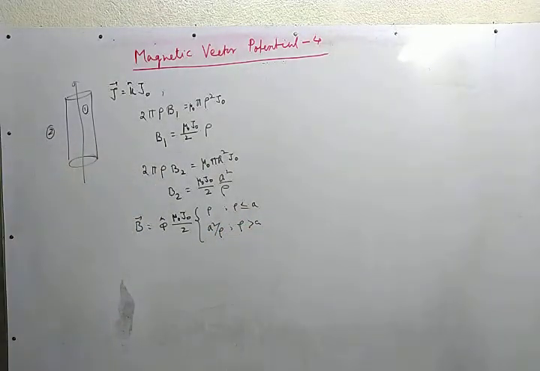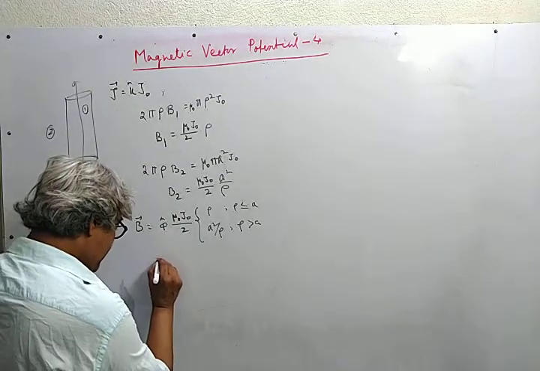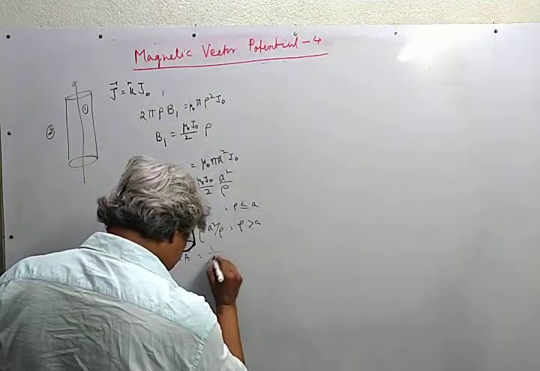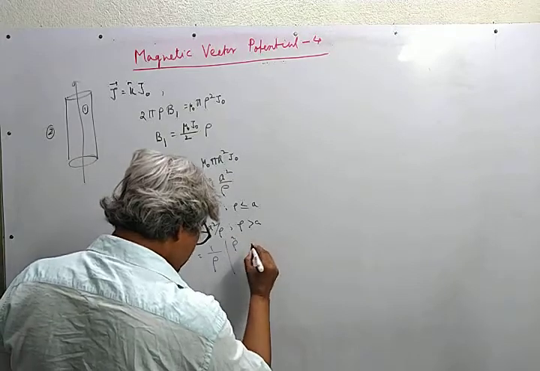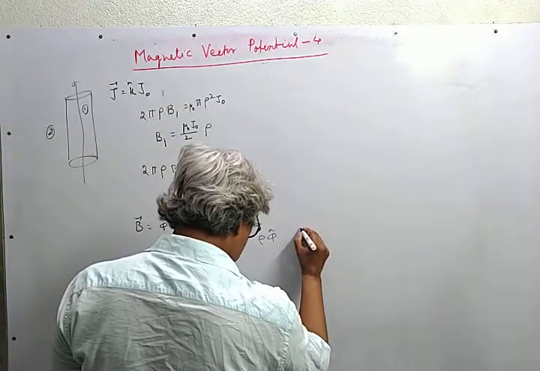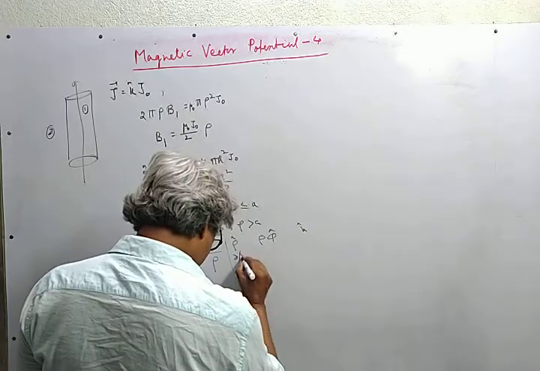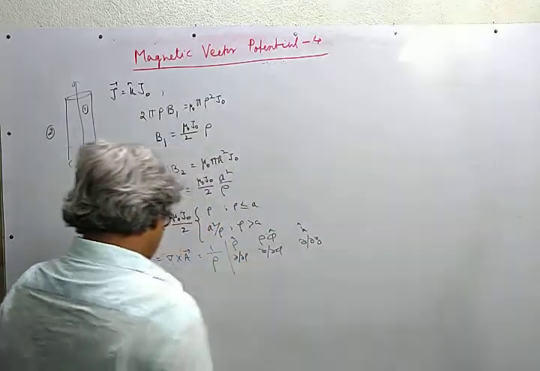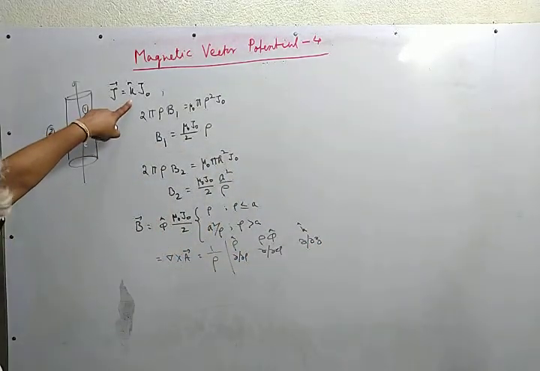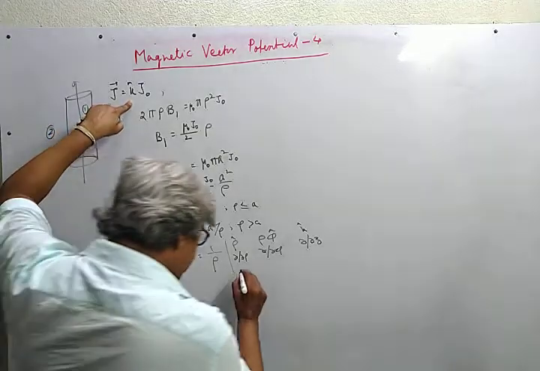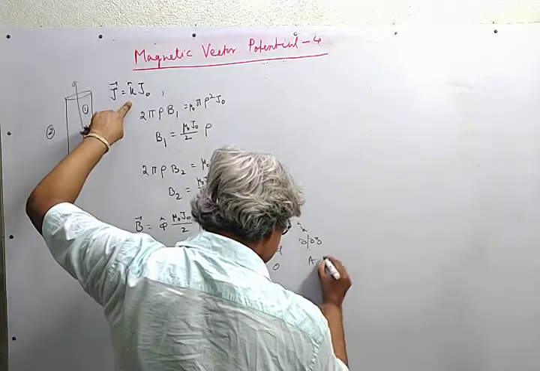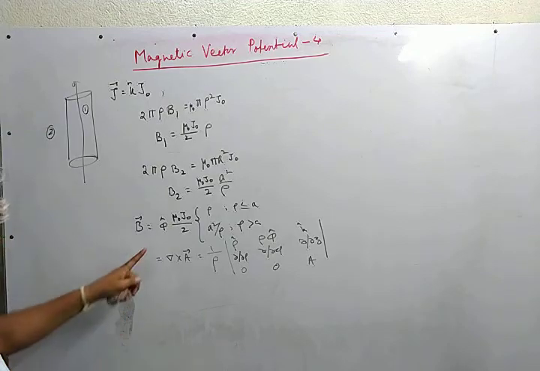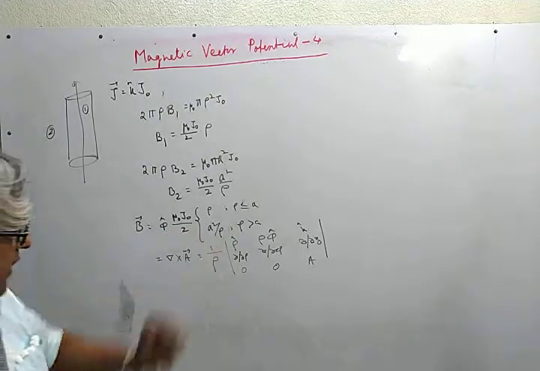So we write it as curl of A, using the expression for curl in cylindrical coordinates. As the current is flowing in the k direction, the vector potential will have only the k component, and comparing with B, it will have only the phi component.